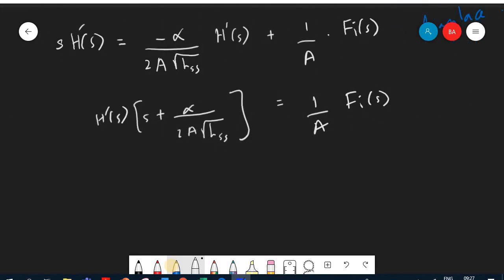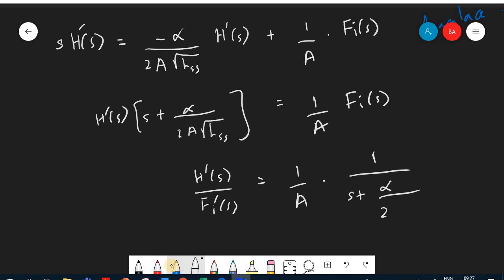And rearranging things, we will have H over Fi equal to 1 over area multiplied by 1 over s plus alpha over 2A at steady state, the square root of the height at steady state.